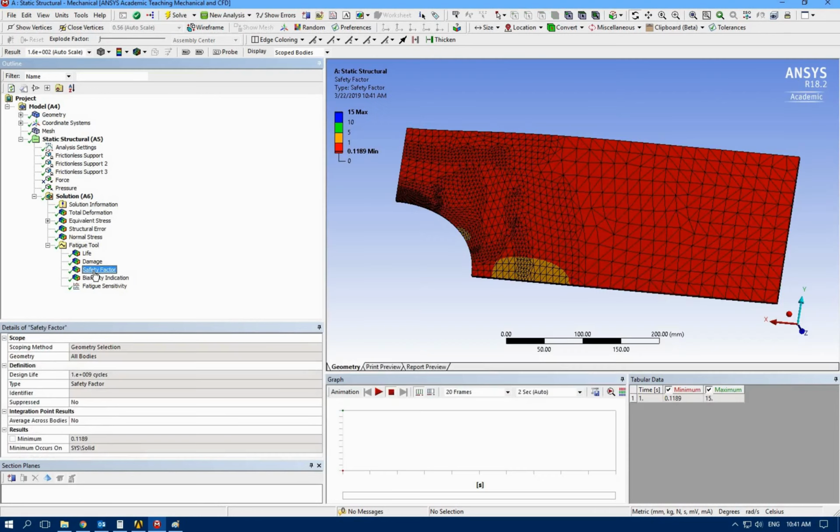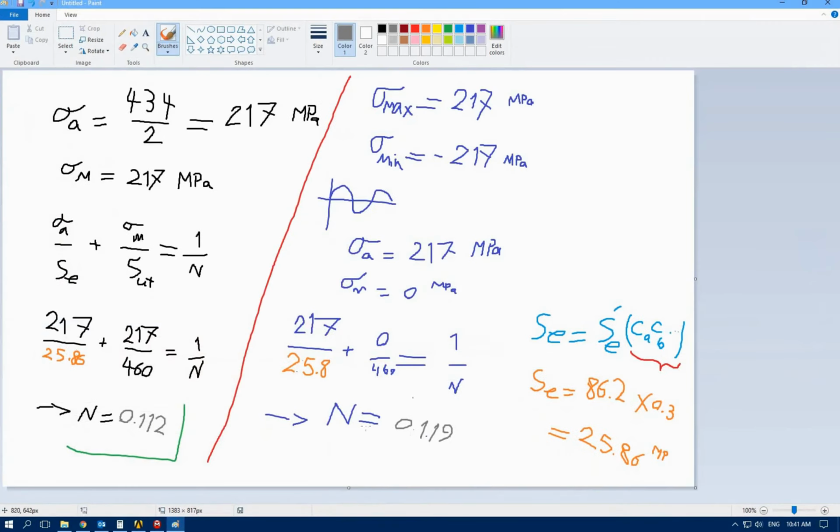Okay, where is safety factor? 119 almost, and our calculation showed 119 for the fully reversed one.